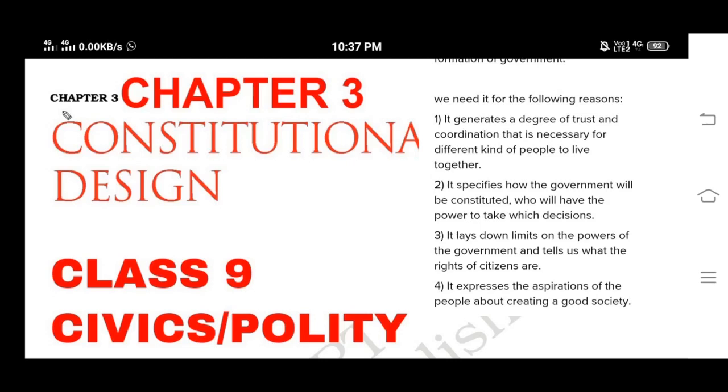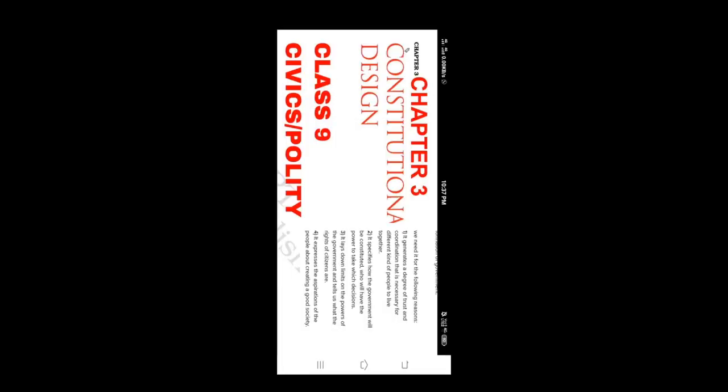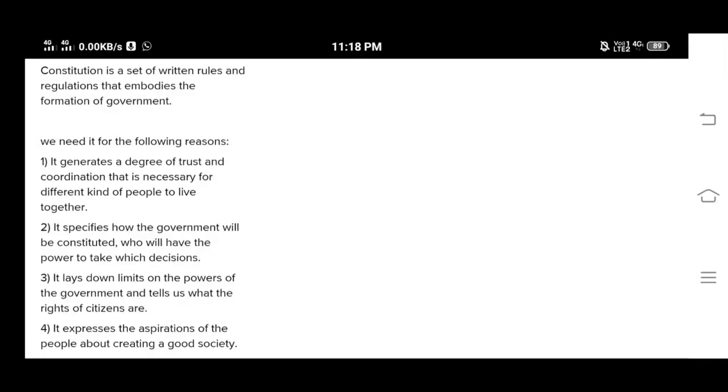And the fourth point is, it expresses the aspirations of the people about creating a good society. Aspiration means simply किसी बंदे की, या हम कहेंगे कि लोग. Again, I will recapitulate the last point, that constitution expresses the aspirations of the people about creating a good society.